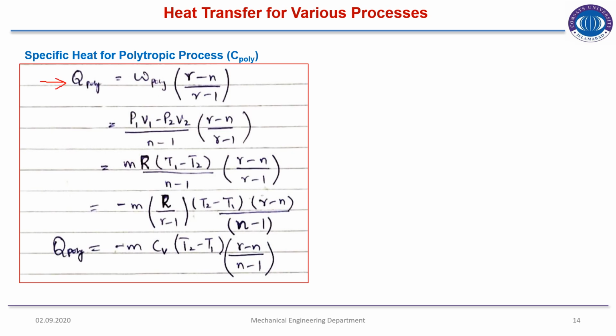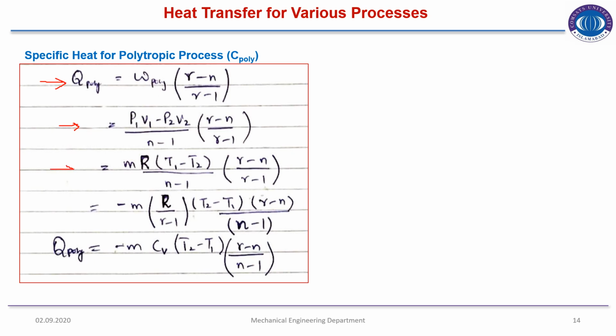This expression was already derived in the previous slide. Q polytropic is equal to W polytropic into (gamma minus n) over (gamma minus 1), that is, (P1V1 minus P2V2) divided by (n minus 1), into (gamma minus n) divided by (gamma minus 1).